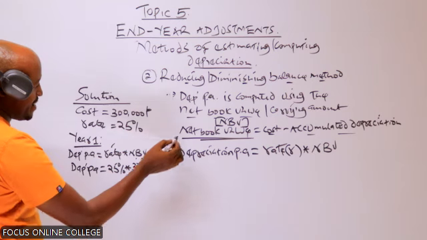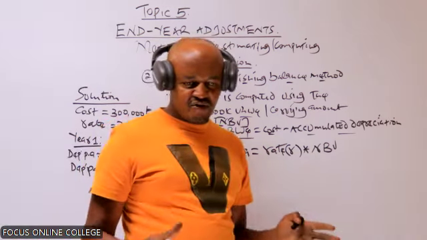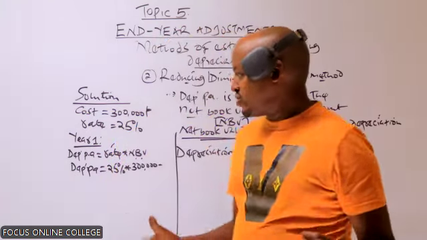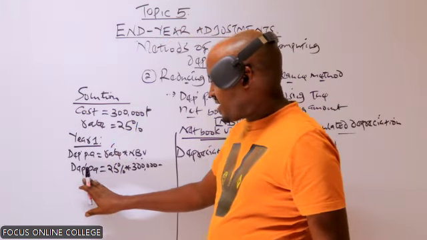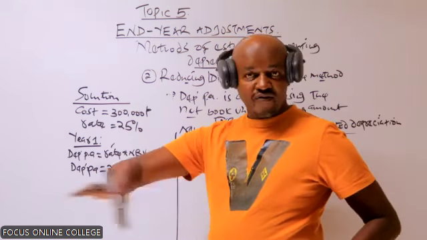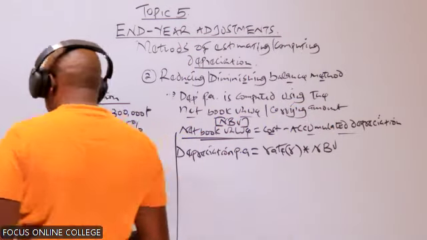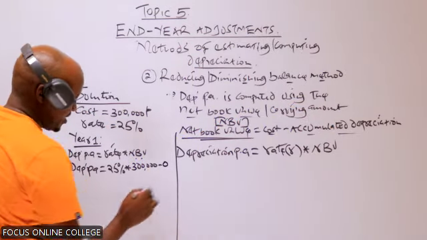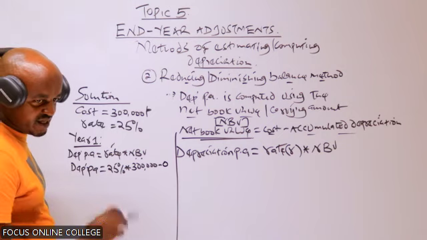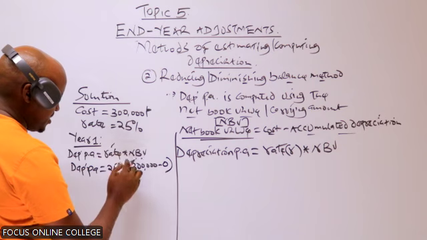Remember, in year 1, this asset is new. It was bought at the start of year 1, so it has not lost any value, because accumulated depreciation is the total value the asset has lost. So the accumulated depreciation in year 1 is always 0, because this is a new asset.